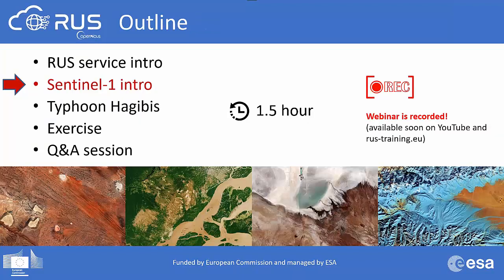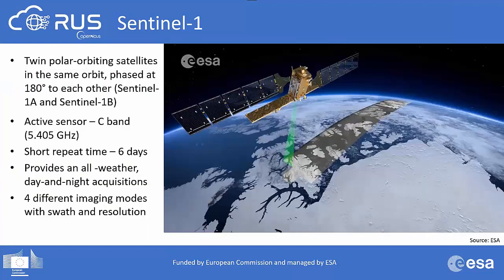Okay, so now a few words about Sentinel-1. As I mentioned, for this exercise, we will be using SAR data provided by the Sentinel-1 satellite constellation. And the Sentinels are a family of satellites built by the European Space Agency for the needs of the EU Copernicus program.